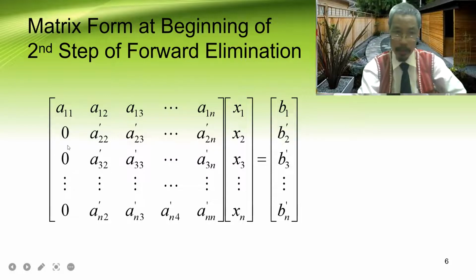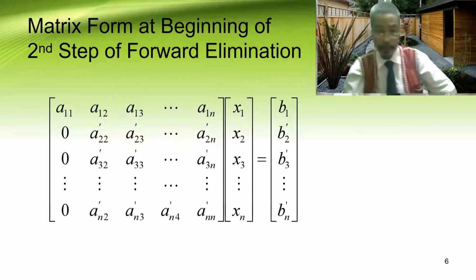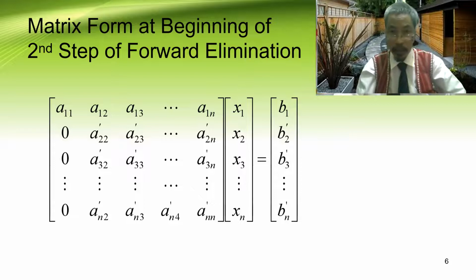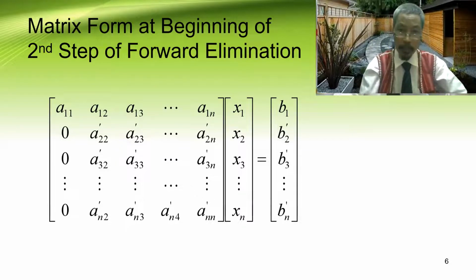A11, then we have 0, 0, 0, and so on up to 0. So we have n different equations. In fact, A11 up to Ann are the coefficients. We are very much concerned about these coefficients, because they will determine if we are actually doing the elimination process correctly.